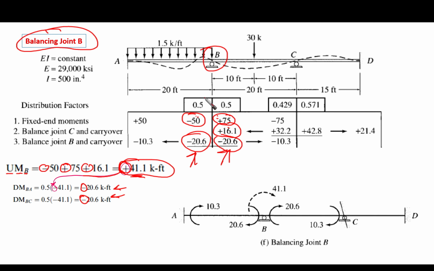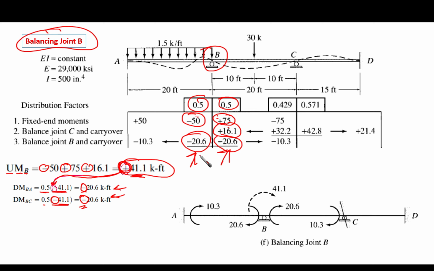It's going to be by the distribution factor 0.5. So we have 0.5 times 41.1 and 0.5 times 41.1. Take care. We give the opposite of this positive to make it negative. So we have negative 20.6 and negative 20.6.